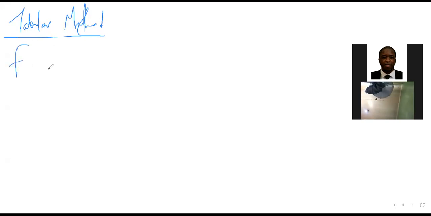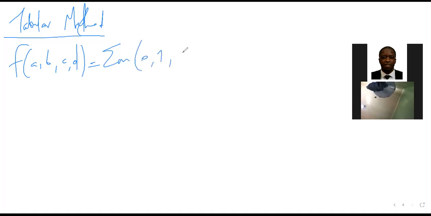Example: we have four variables, A, B, C, D. A 4 variable function, which is equal to a sum of min terms 0, 1, 6, 7, 8, 9, 13, 14, 15.